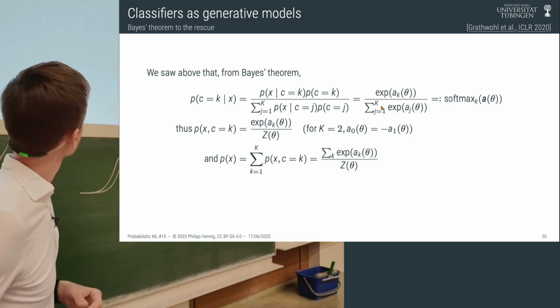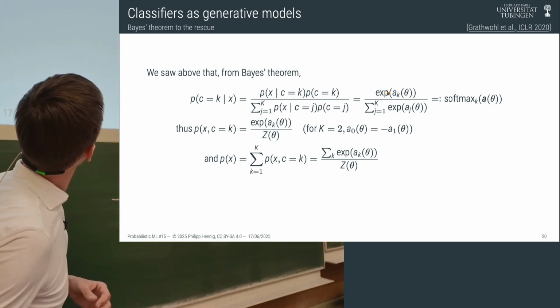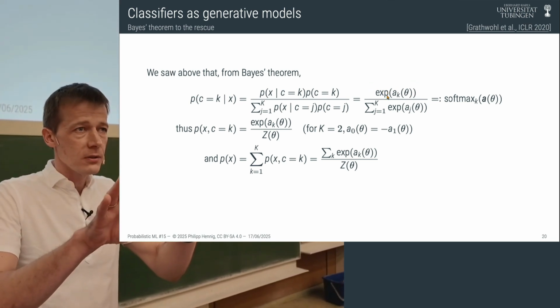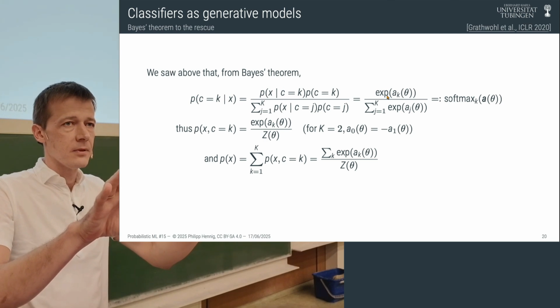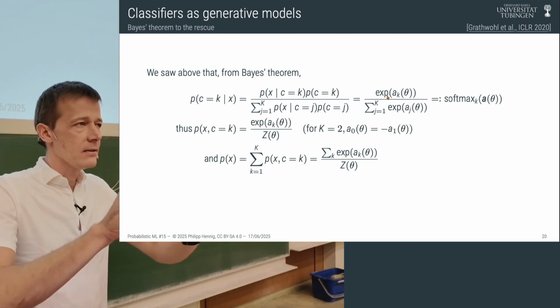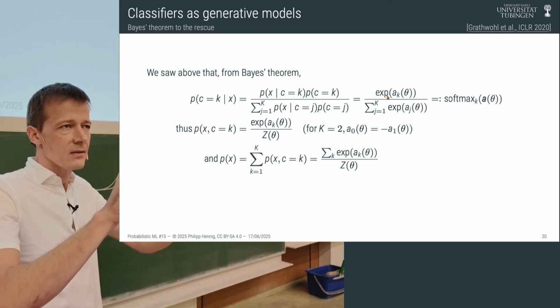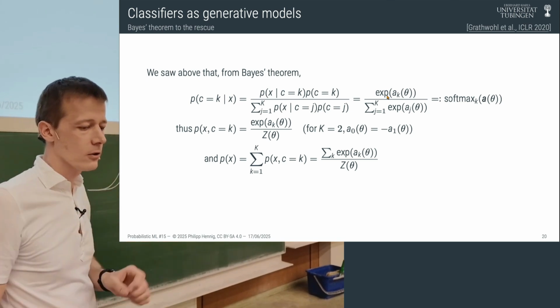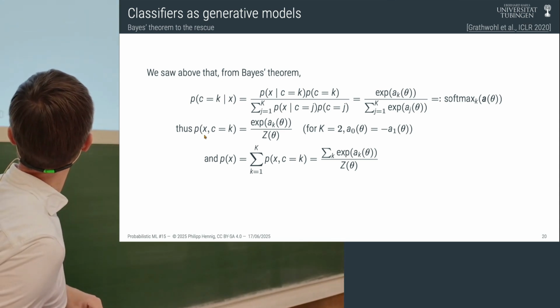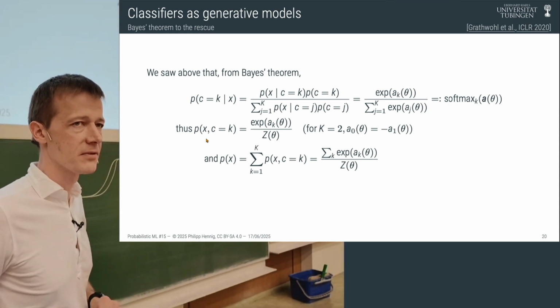But that means that we actually have up here a joint distribution over x and c showing up in Bayes' theorem. And there's almost nothing keeping us from turning it around and computing a probability distribution for x given c. So a class predictive distribution.